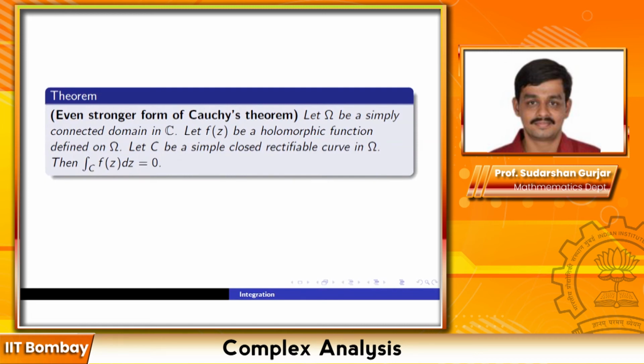And once it is not rectifiable, you can always make it a closed curve by joining the beginning and end point. Take x sine 1 by x, and you can use that function to manufacture a curve which is not rectifiable.